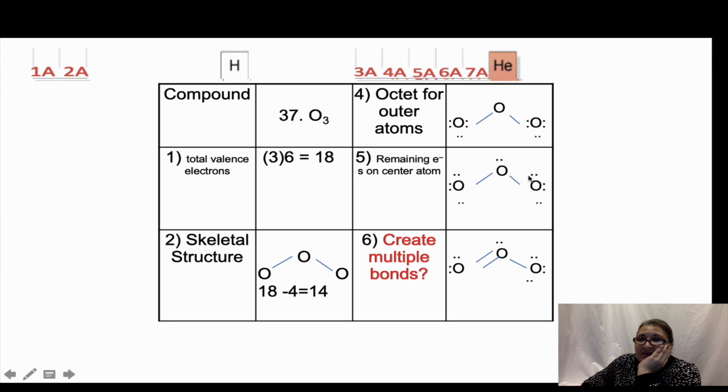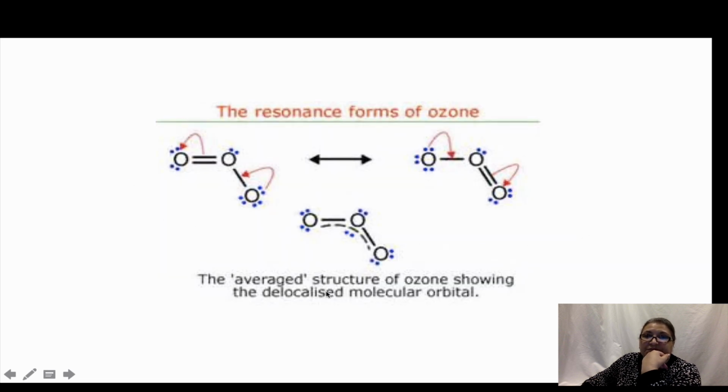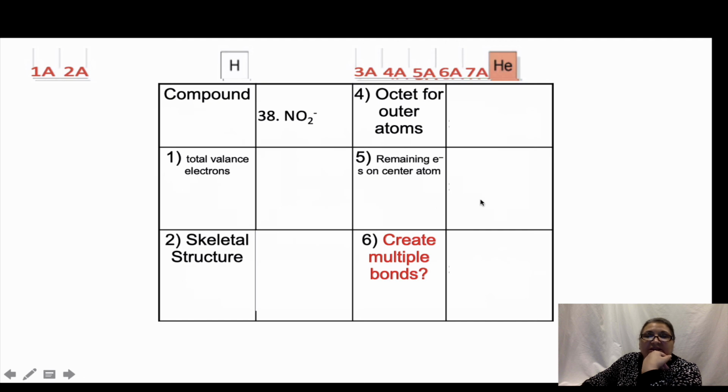Now 8 is okay on this one, 8 is okay on this oxygen, but the central one is 6, so we pull a double bond, and it could be this one or that one. Resonance. Okay, so this is the formula for ozone. All right, so it's equally shared in space. I think this is the last one.